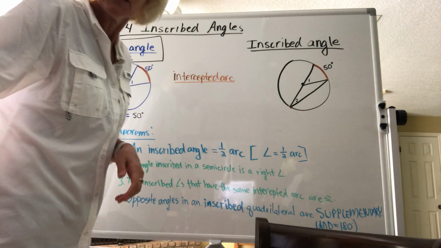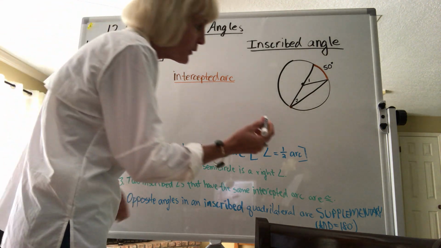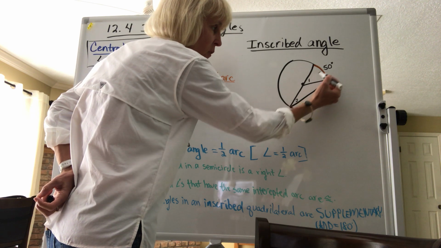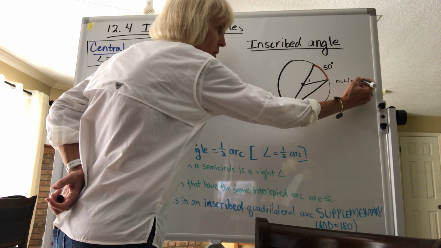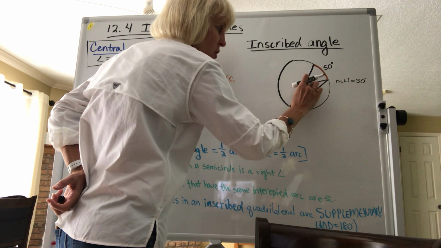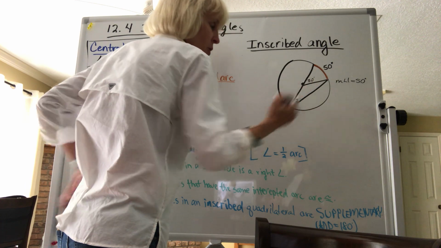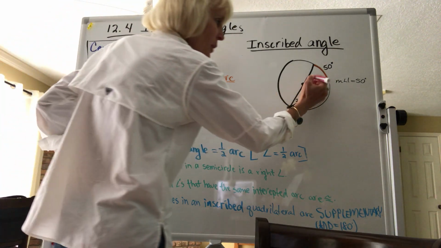Obviously these are connected, so that's why I wanted to make sure we reviewed the central angle first. Let's see if we can figure out how this connects. If this is 50, what's the measure of angle 1? Exactly right, the measure of angle 1 is 50 degrees. I'm going to erase that and put 50 degrees right here. Now let's use this pretty pink one.